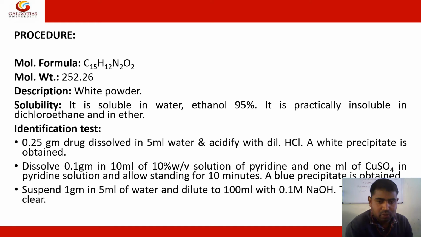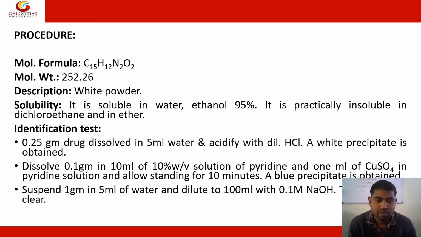In the first one, you have to take 0.5 gram of drug in a test tube, add 5 ml of water, and acidify it with dilute hydrochloric acid. When you acidify with dilute hydrochloric acid, you will get a white precipitate at the bottom of the test tube. This formation indicates the presence of phenytoin compound in the drug sample. So you can use this identification test.